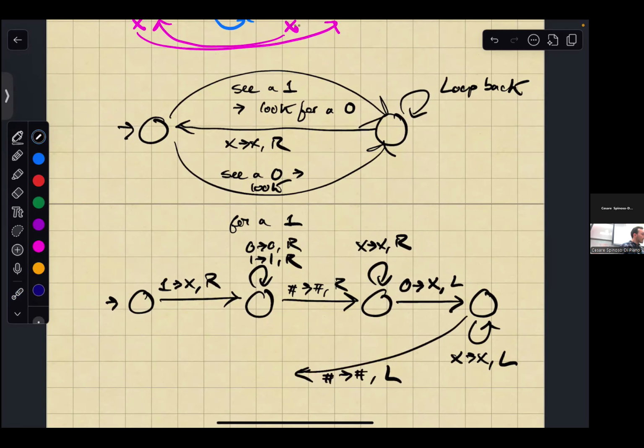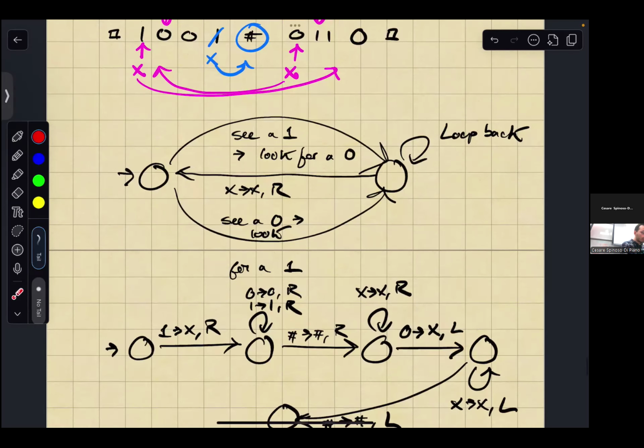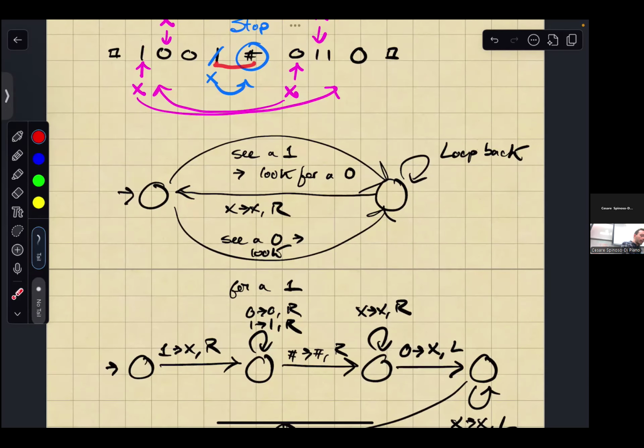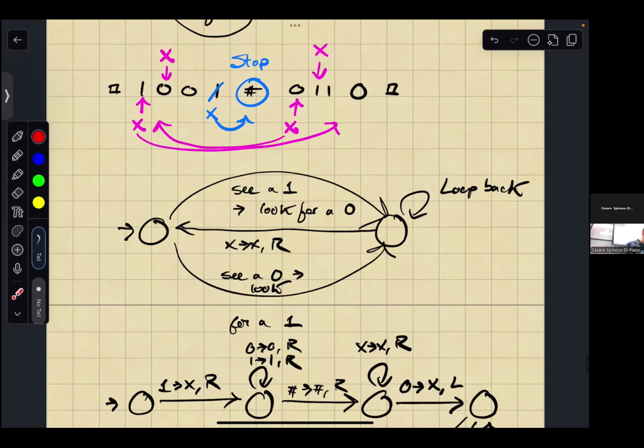Once I've moved left from the hash, I want to go through the things that haven't been marked yet. Essentially, I'm looking for the first X, which is going to tell me I've overshot by 1, and I should move back right so I can start the whole loop all over again.